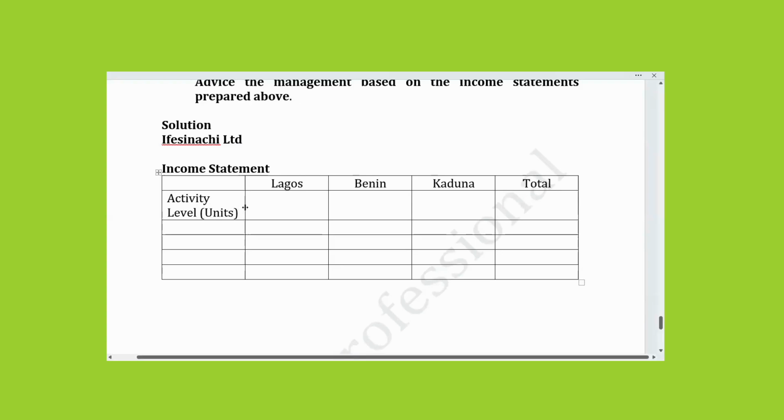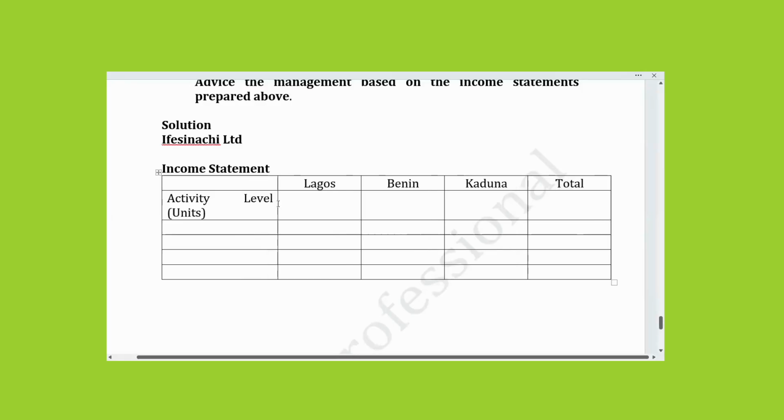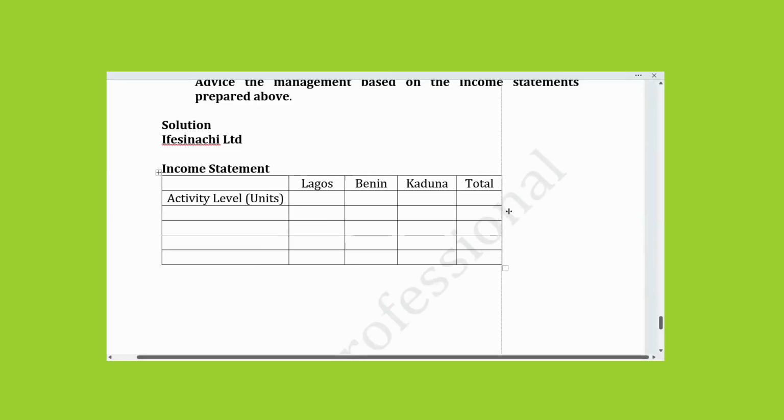Let me adjust this. Let me design my table.